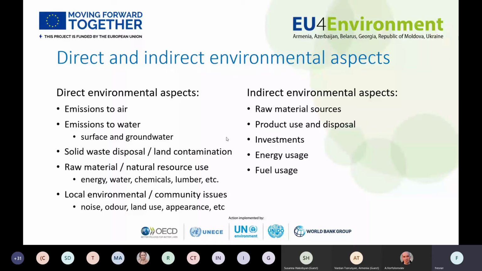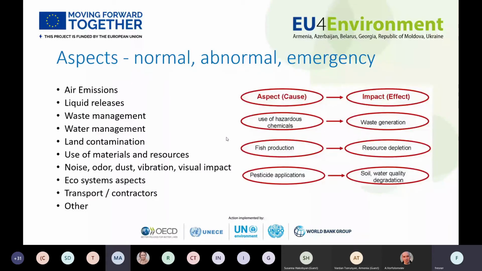We definitely need to consider also emergency situations, so accidents, releases, problems which might be caused by waste which is not managed properly. So not only the normal situation, but also the emergency situation.